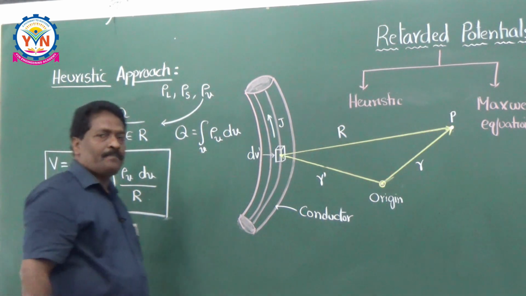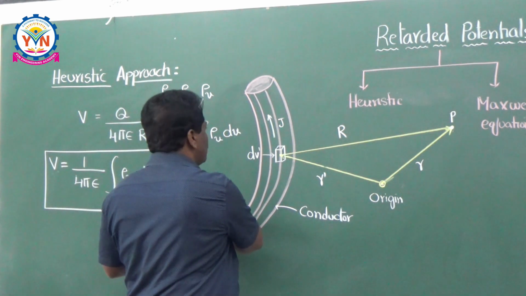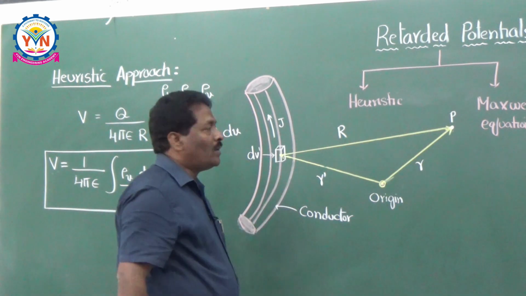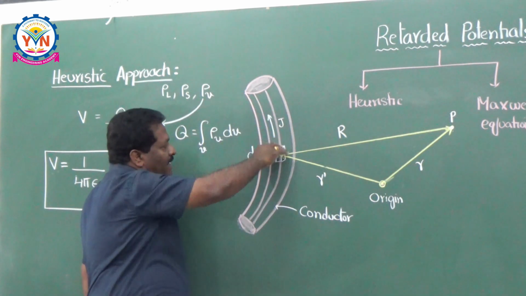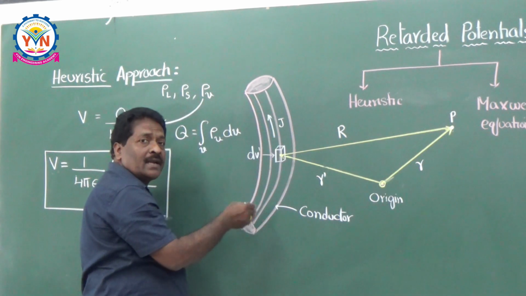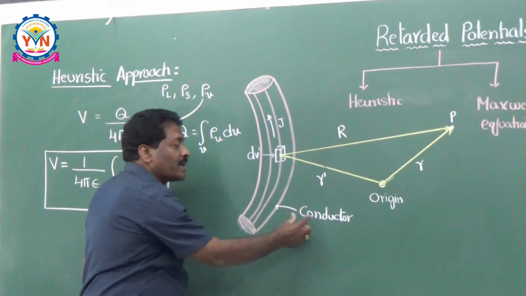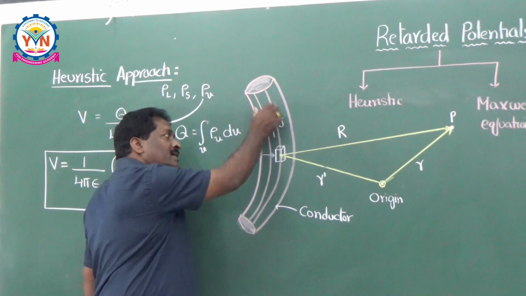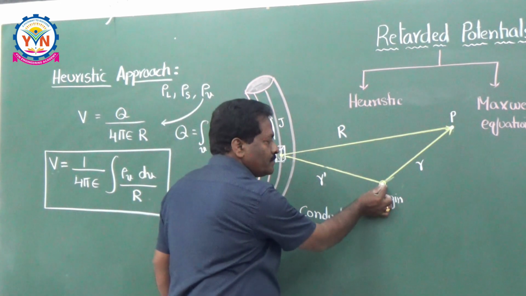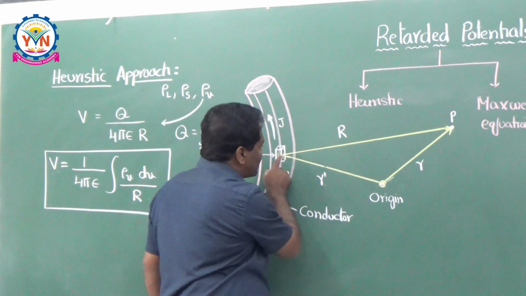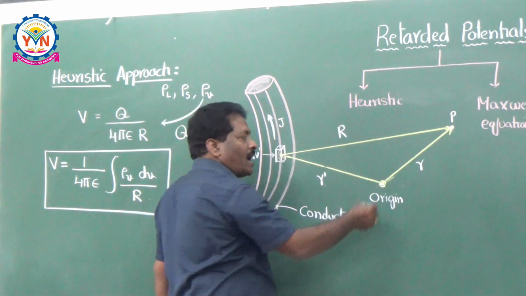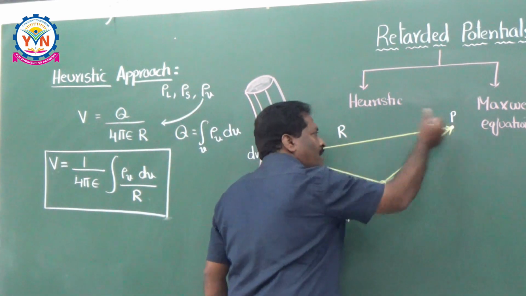Now let me explain this concept using this figure. This is an antenna. Antenna is basically, as I already told you in the last classes, a conducting material, a conducting structure. It is an origin. From the origin, the source is at a distance r dash and the observation point is at a distance r.